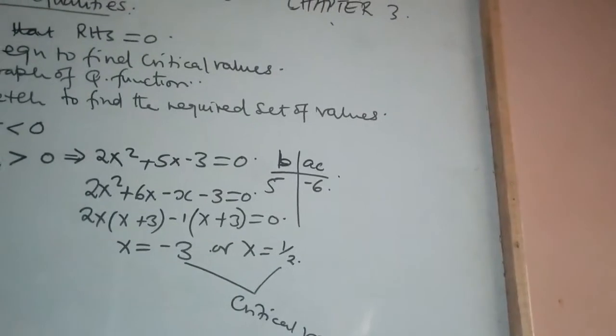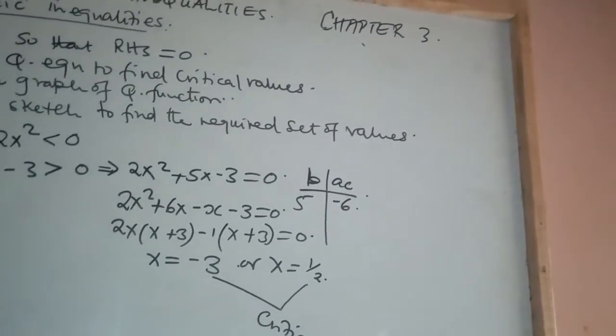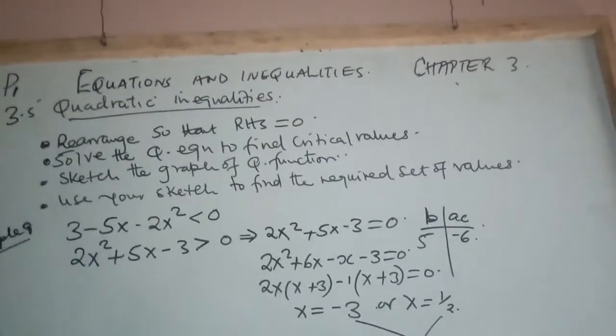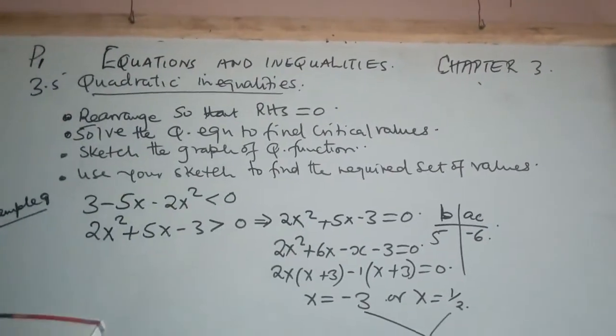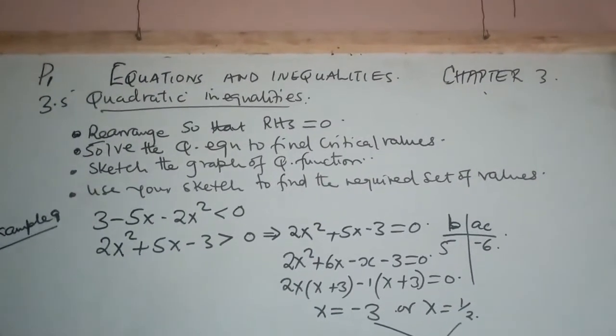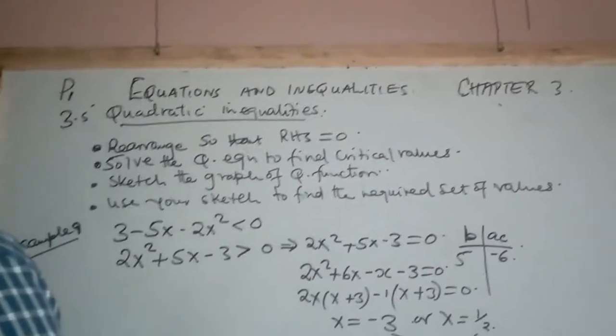Having found that, we need now to sketch. We have solved the critical values. Sketch the graph of the quadratic function. We are going to draw a sketch to show the shape of the graph and the critical values.